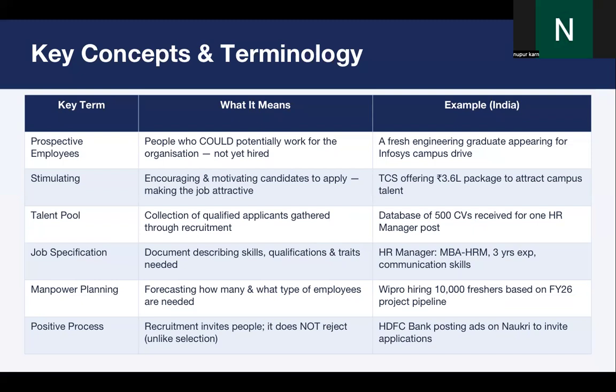It means the skills and qualifications of the people who are going to apply: what skills are needed for doing that job, what qualifications are required, and what traits are required come under the job specification. Now the planning. Manpower planning means forecasting how many people are required for that job and what type of employees are needed. Positive process means that recruitment just invites people. There is no rejection in that process.